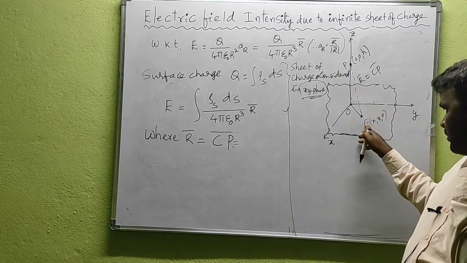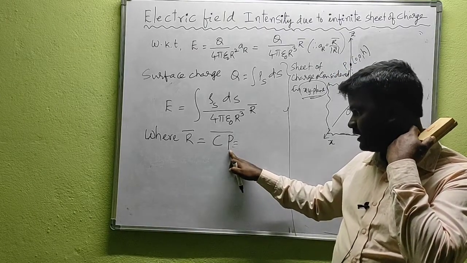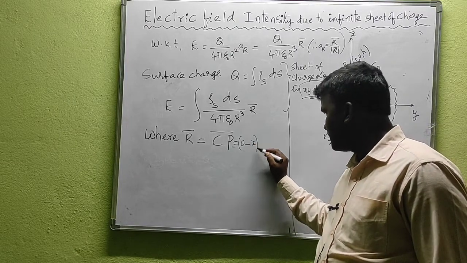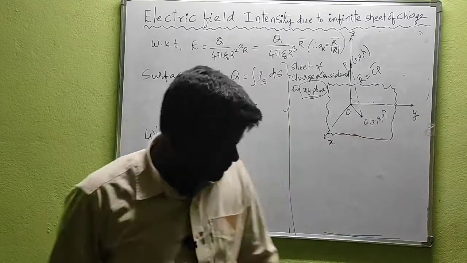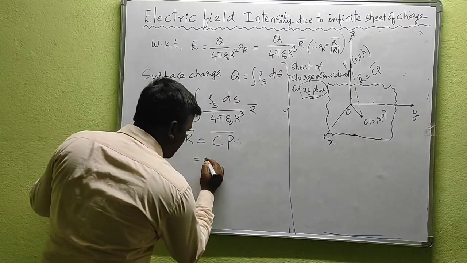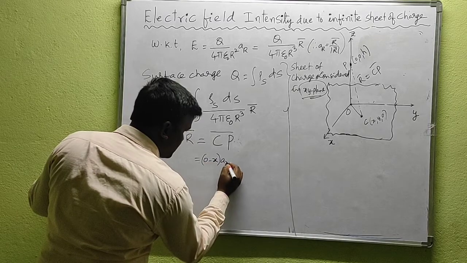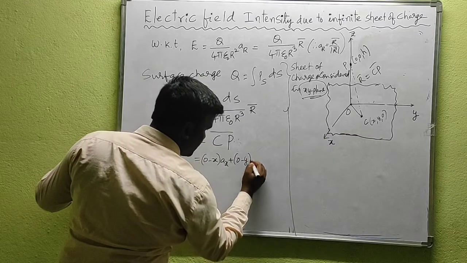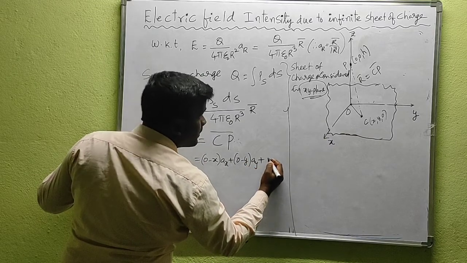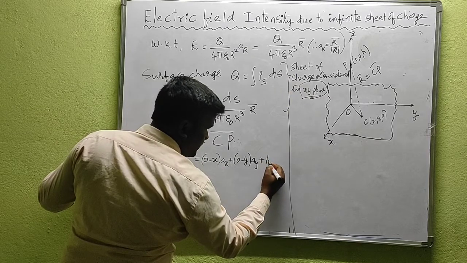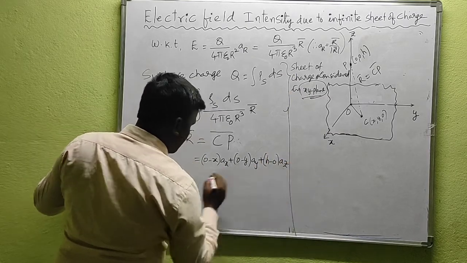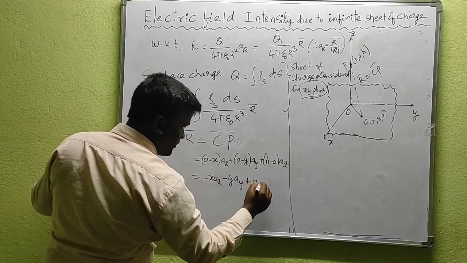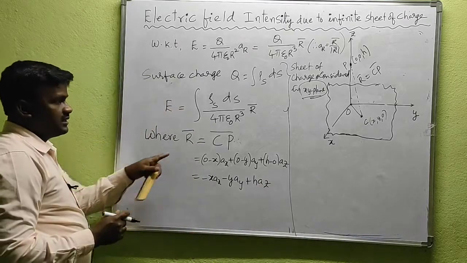The terminating point is P, the starting point is C. That means CP bar is (0 minus x) Ax plus (0 minus y) Ay plus (h minus 0) Az. Finally we got this as minus x Ax minus y Ay plus h Az. Okay, this is about R bar.